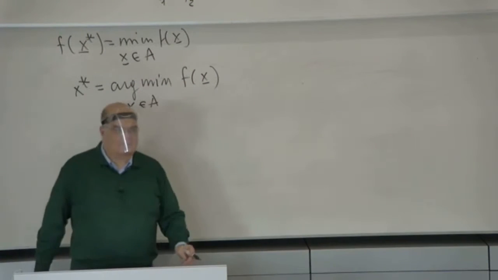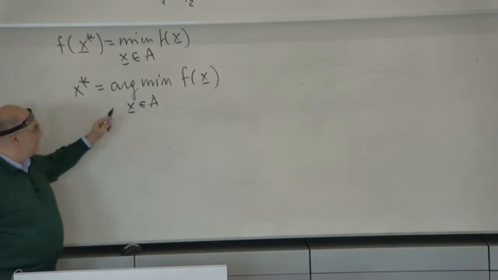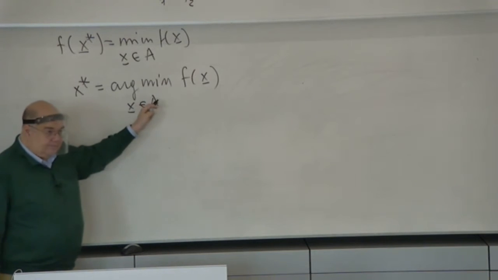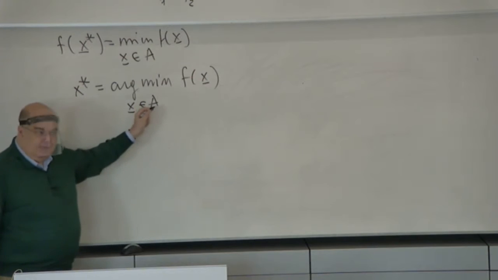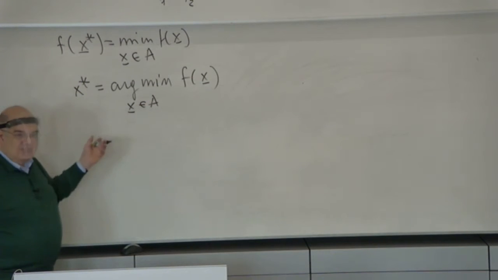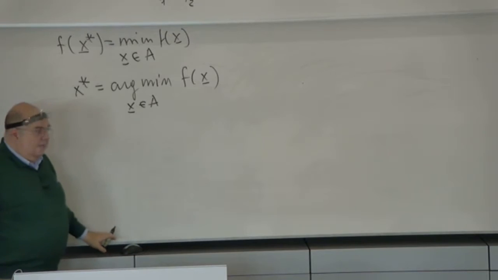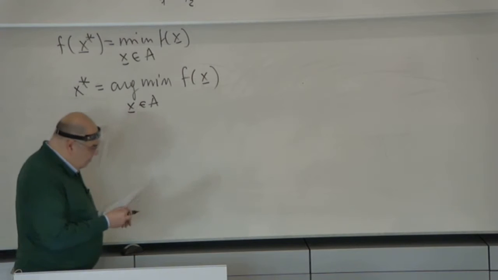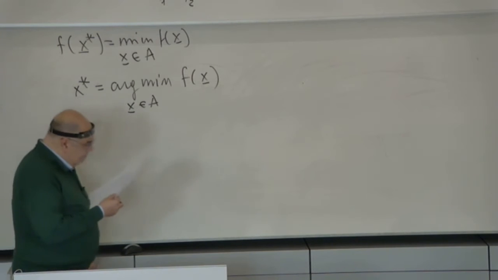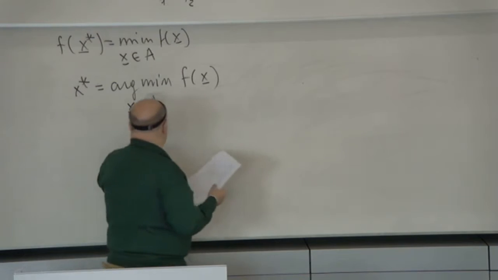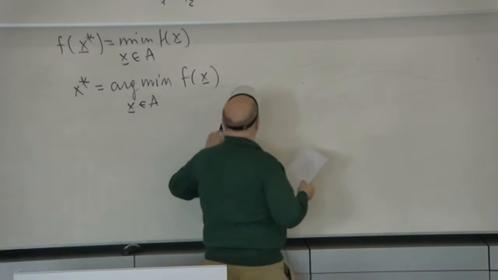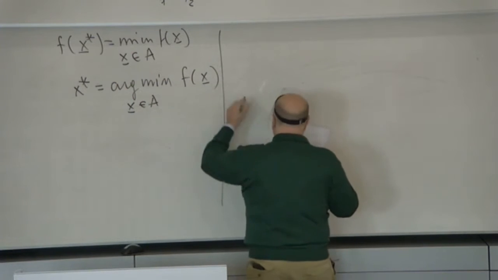It looks more complex than the other thing, but this is actually the argument of the function that makes f of x minimum at that point. So this is just a matter of notation. I don't like using too many symbols for the same thing, but sometimes I've used this. And of course, again, the problem is with the set here.